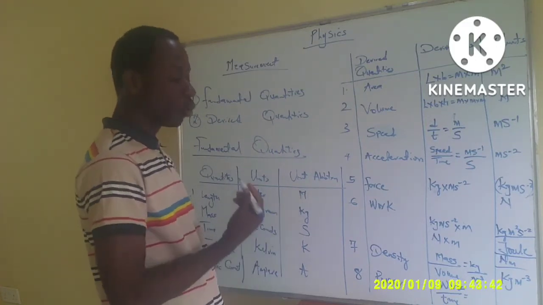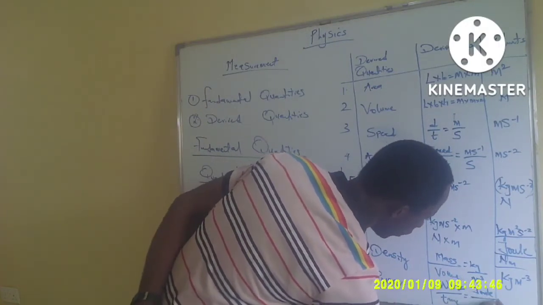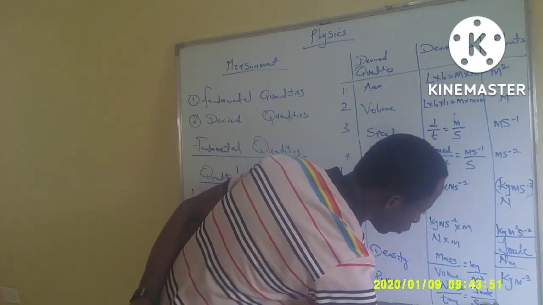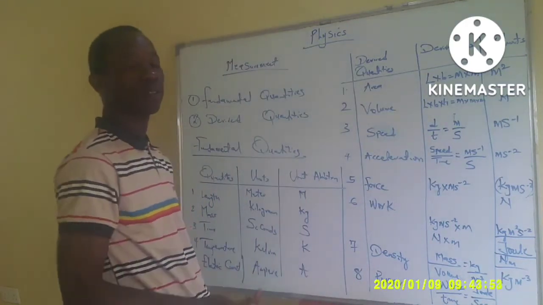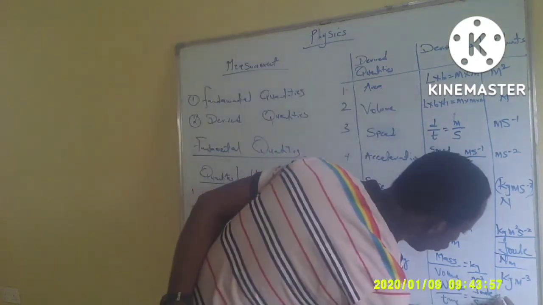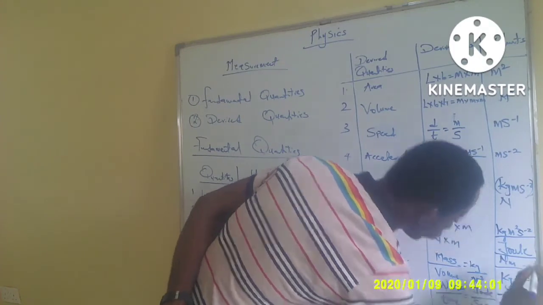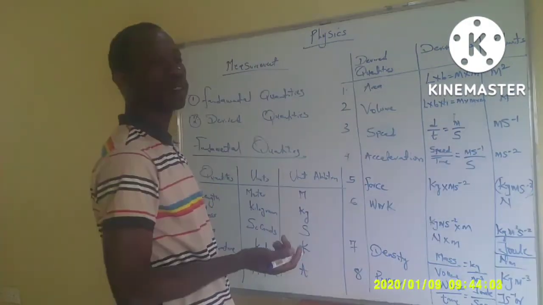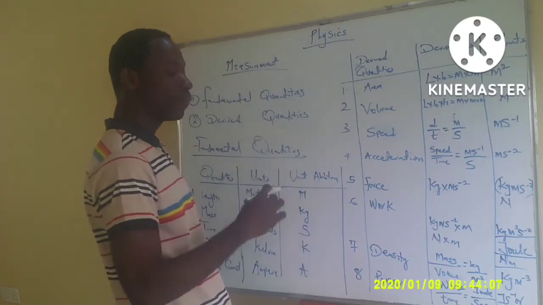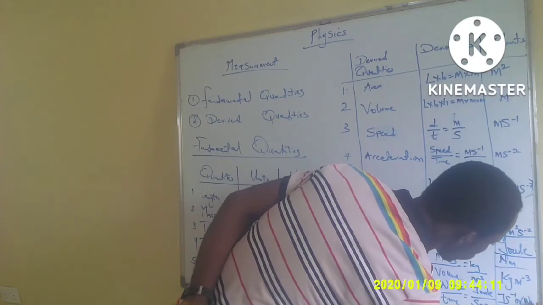So let's use joule. And what is the unit of time? Seconds. So joule per second is the unit of our power. The collective name for joule per second is what? Watt. So the unit of power is watt.